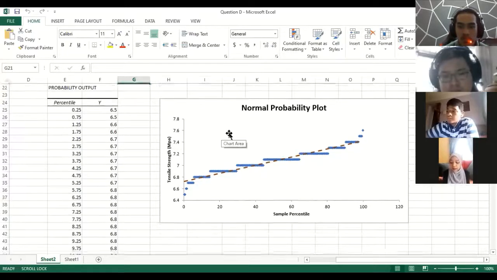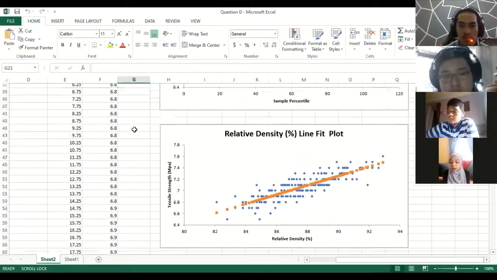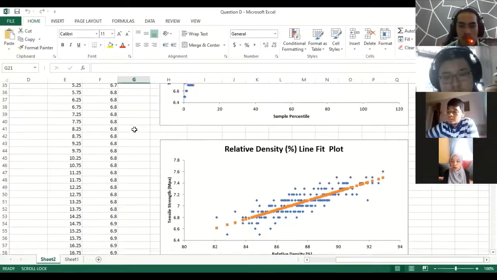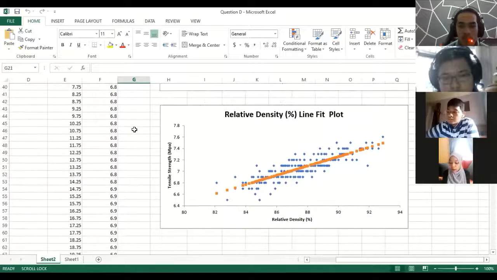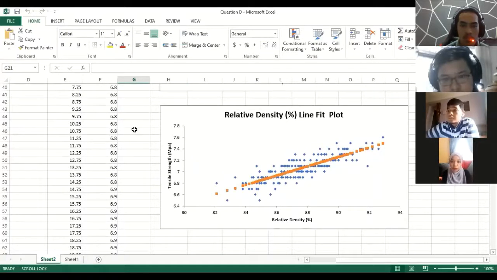For the second graph, the relative density residual plot, the points are plotted near the zero axis, so the assumption is satisfied. In the relative density line fit plot, the blue is the observed data and the orange is the predicted data, so the positive linear hypothesis can be confirmed. That's all from me. Thank you.